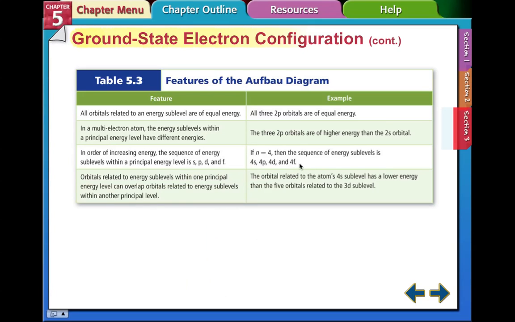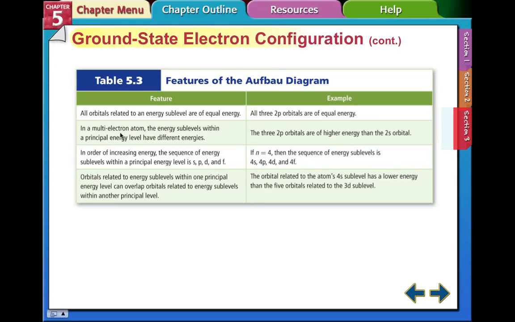Okay, rules for the Aufbau diagram. All orbitals related to an energy sublevel are of equal energy. So any of the electrons in one orbital have the same energy. So if they're all in the 2p, they all have the same amount of energy.